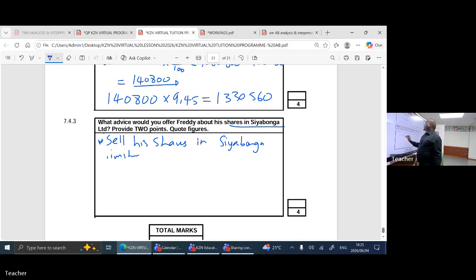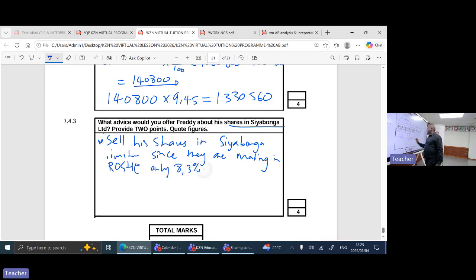Right? Since they are making in Roche, Ubane, only 8.3%.